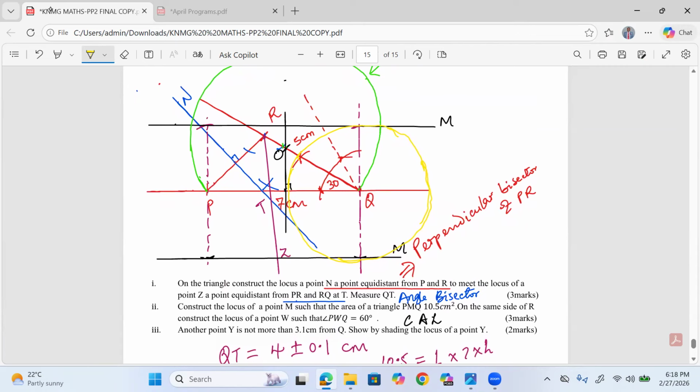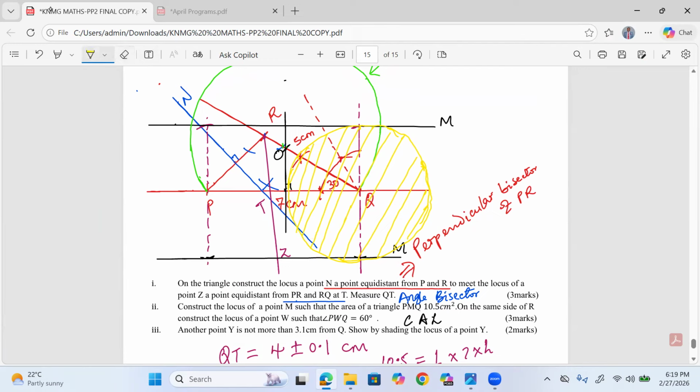So it should be 3.1 and below. That means on the inner side now, we have Y. So Y is shaded inside the circle now. Guided by the circle, we now shade like this, that way. So we shade like that.